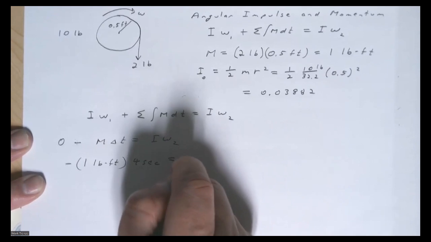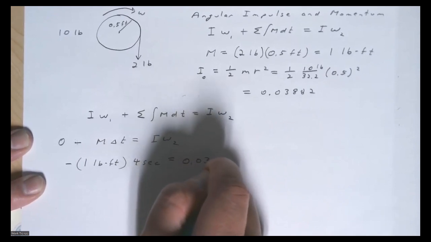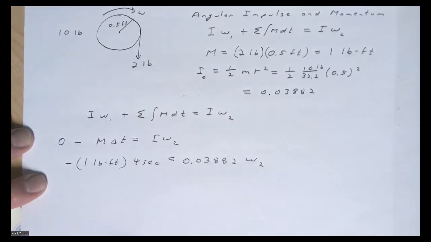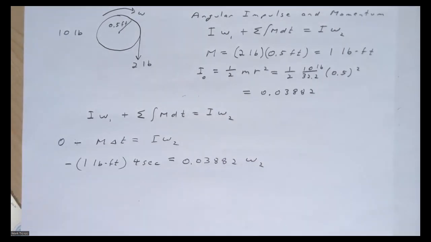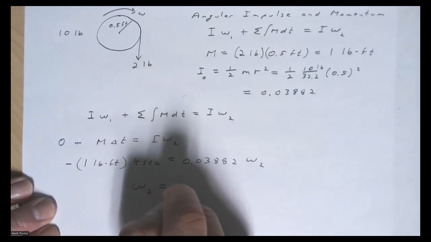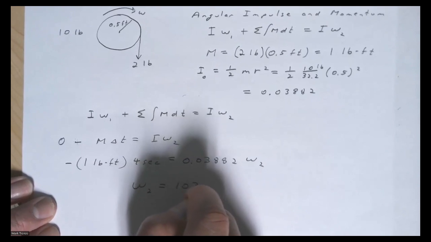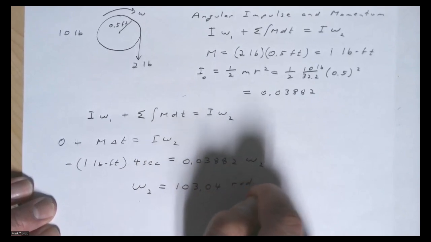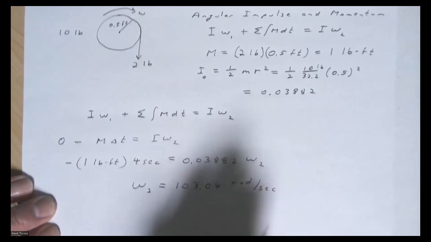Let's put this in. And when you put all that in your calculator, you get omega 2 is 103.04 radians per second.